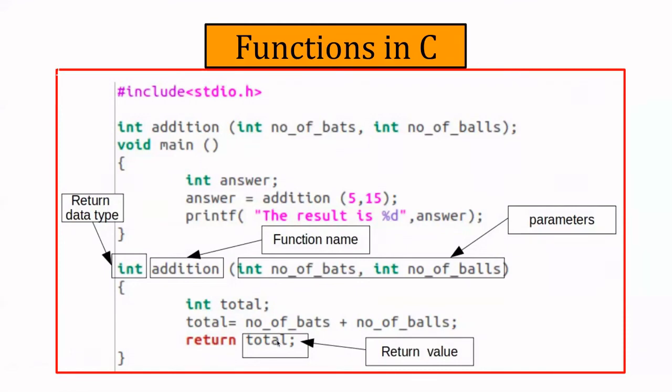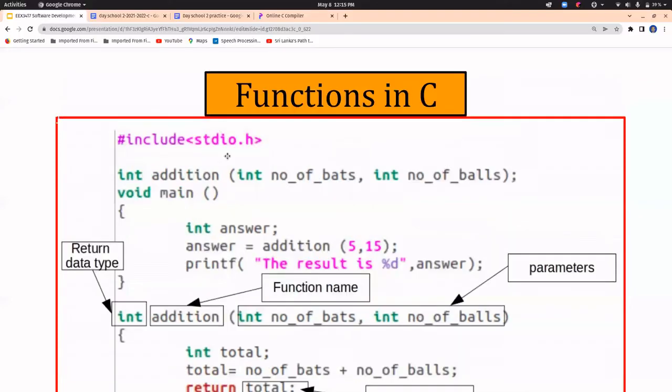Total goes to this answer through the int data type. The data type of the total is int. The return data type should be the same. It will return to this answer. Then printf the answer. I will explain by using a program.